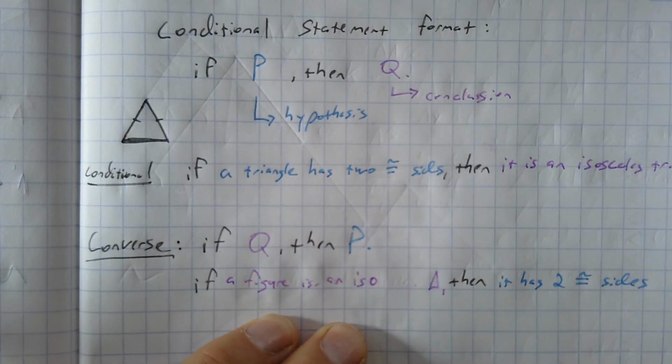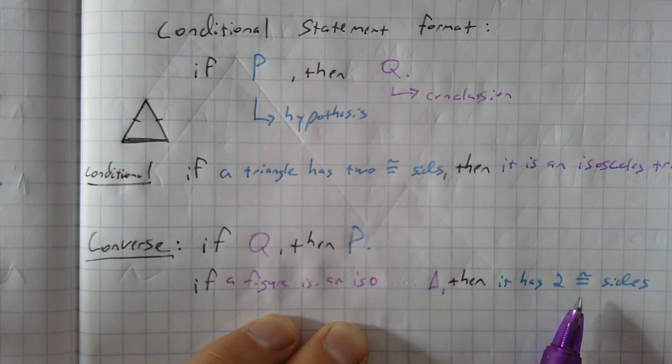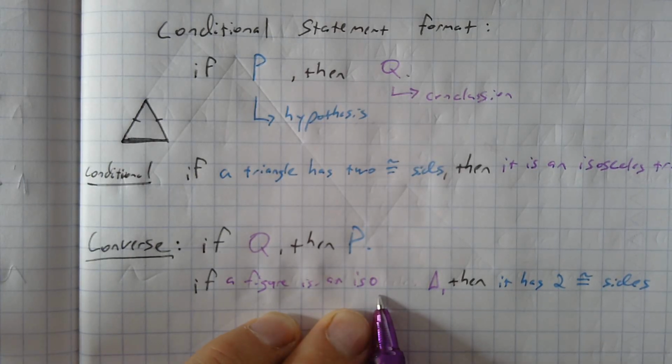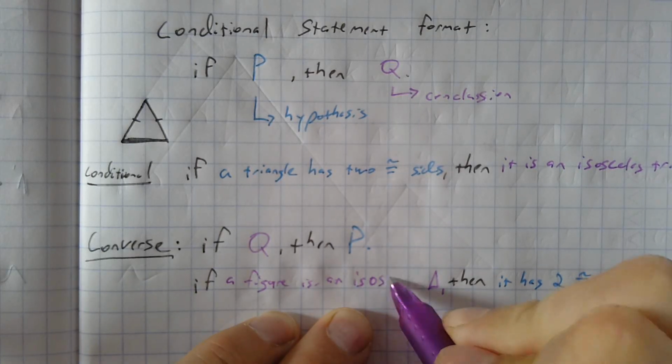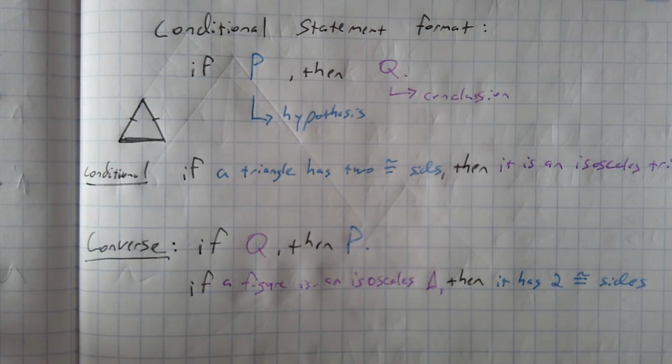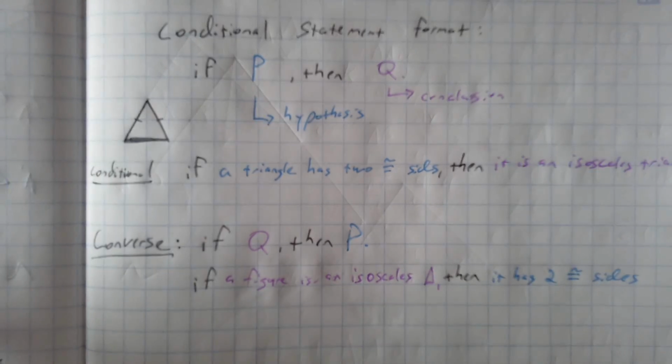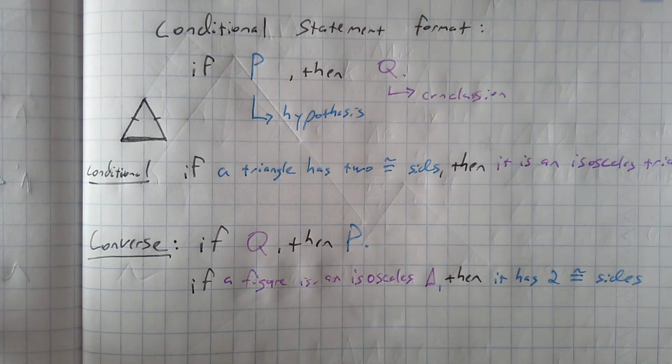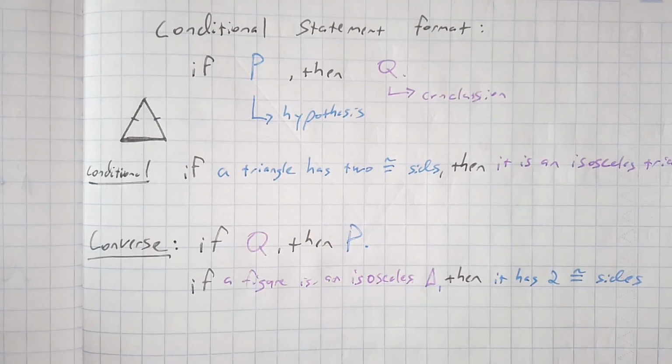I mean, an equilateral triangle has two congruent sides because it has three congruent sides, right? I could put exactly two congruent sides in here, and that would be more precise. Okay, but the purpose of this video is to have you understand the difference between all these four different variations.